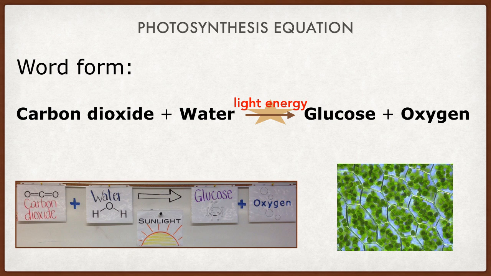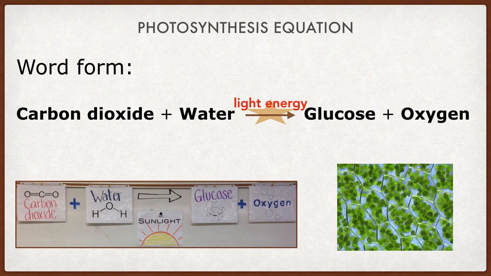The reactants that you should be writing down right now are carbon dioxide plus water in the presence of sunlight will make something called glucose, which is a sugar, and oxygen. Carbon dioxide plus water in the presence of sunlight produces glucose, which is a sugar, and oxygen.